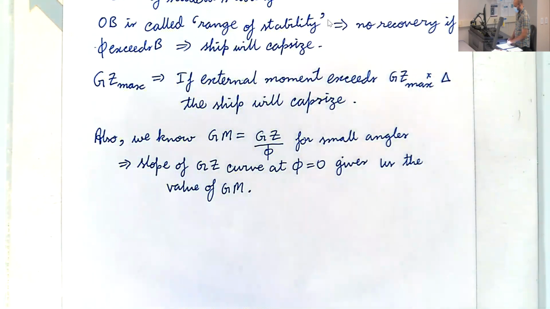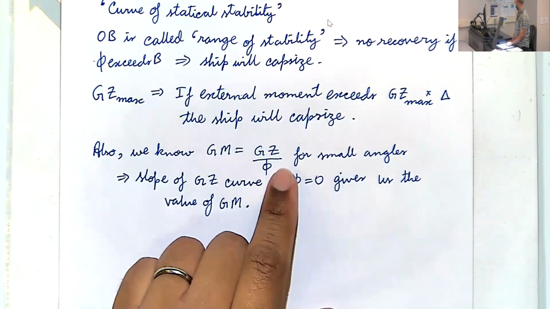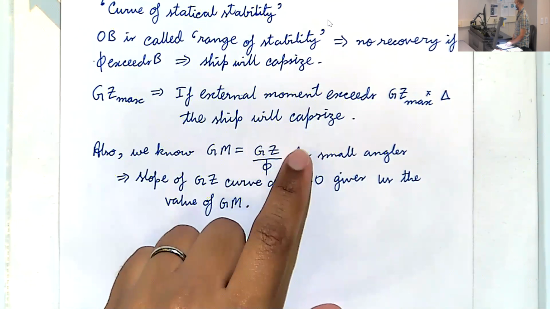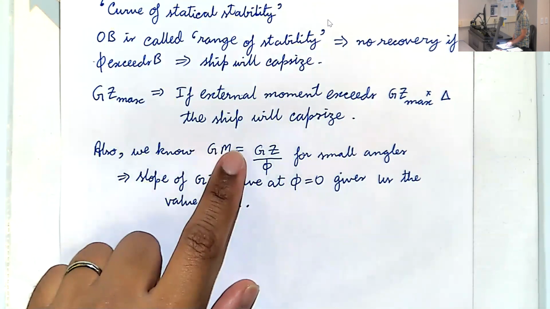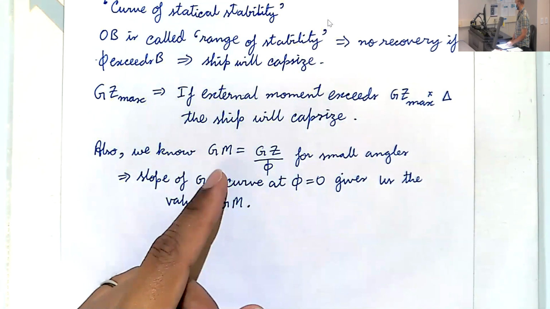So for small angles, our restoring arm GZ was GM sine phi, or GM times phi in radians.